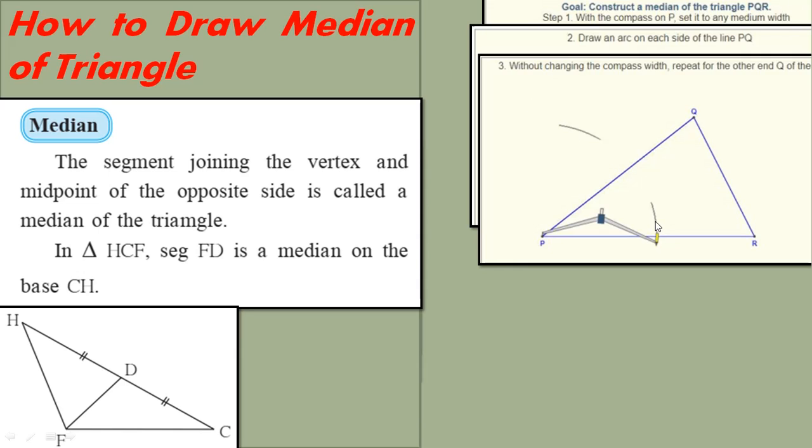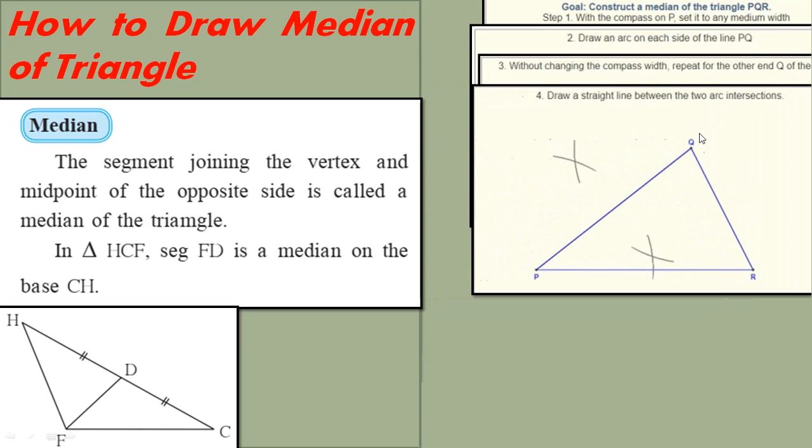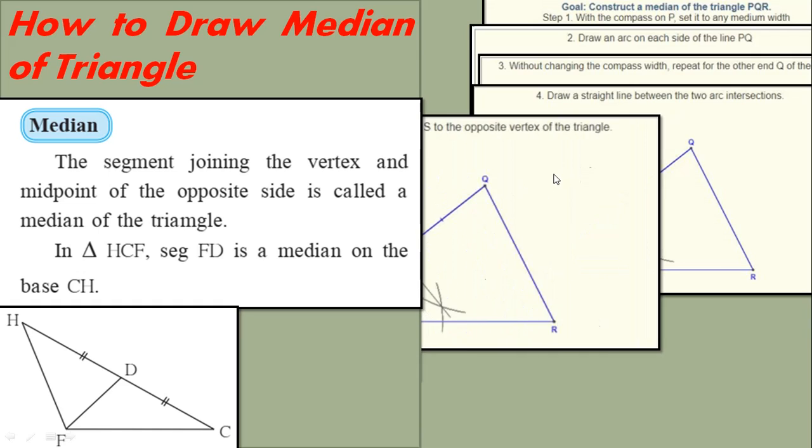Then with the same radius, take Q as a center and draw arcs on the upward side and downward side of PQ, cutting the other arcs at some points. Then join these two points.